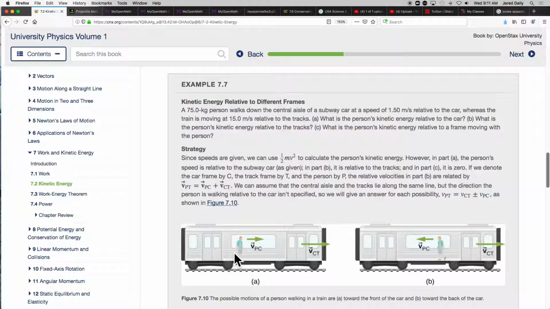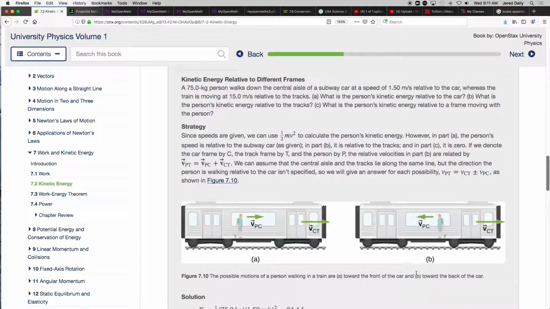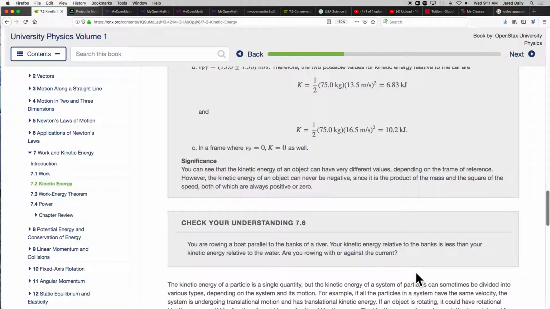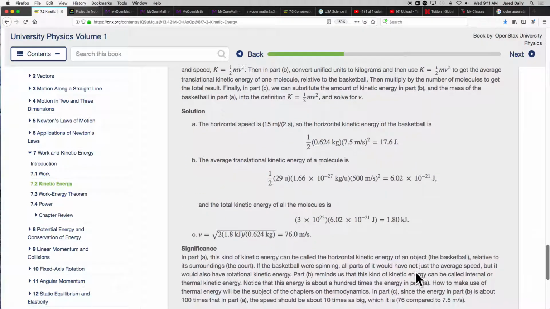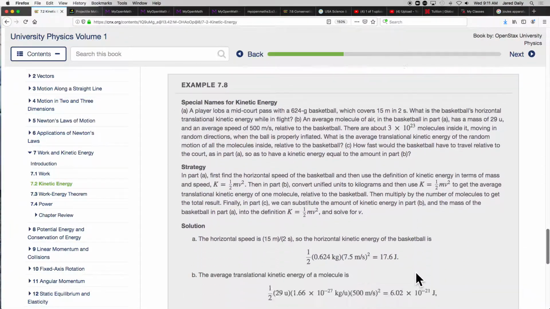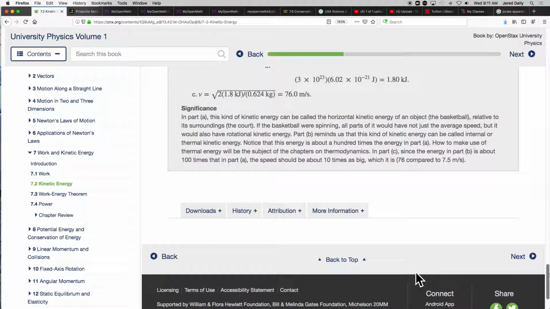You need the velocity of the train plus the velocity of the person relative to the train, right? But if the person is walking in the opposite direction of the train, of course, their overall kinetic energy is actually going to be less than it would be if they were just standing on the train, and so on and so forth. And those things can be important when you're dealing with moving reference frames, for sure.